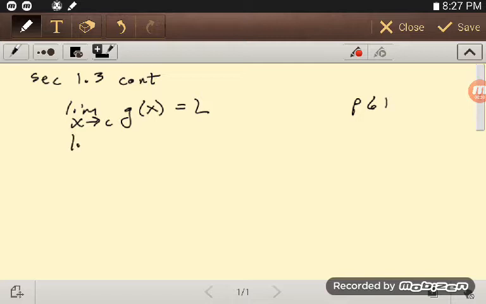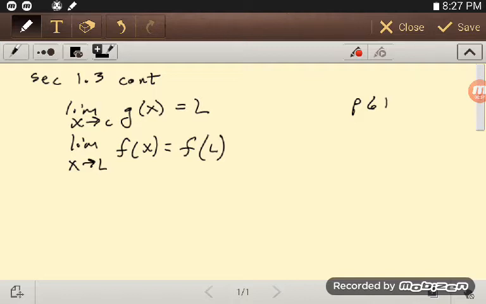Then if we know the limit as x goes to L of f of x, now I think this is kind of weird, but they say is f of L. I guess that would be required.